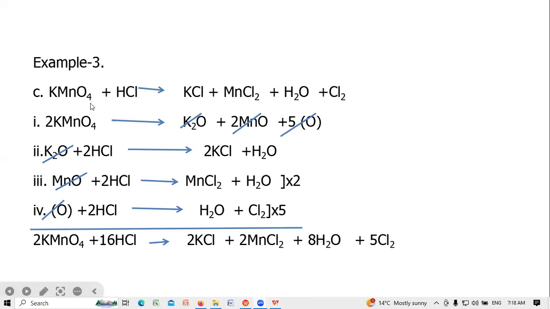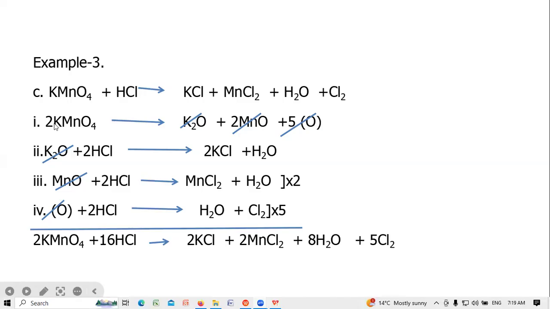In this example, potassium permanganate reacts with hydrochloric acid and produces potassium chloride, manganese chloride, water, and chlorine. In the first step, potassium permanganate breaks down into potassium oxide, manganese oxide, and nascent oxygen. Potassium oxide reacts with hydrochloric acid to produce potassium chloride and water. Also, manganese oxide reacts with hydrochloric acid to give manganese chloride plus water. And nascent oxygen reacts with hydrochloric acid to give water plus chlorine. In this reaction, the potassium oxide on the left side and right side cancels. The manganese oxide is multiplied by 2, and the 2 manganese oxide also cancels. The 5 nascent oxygen also cancels.